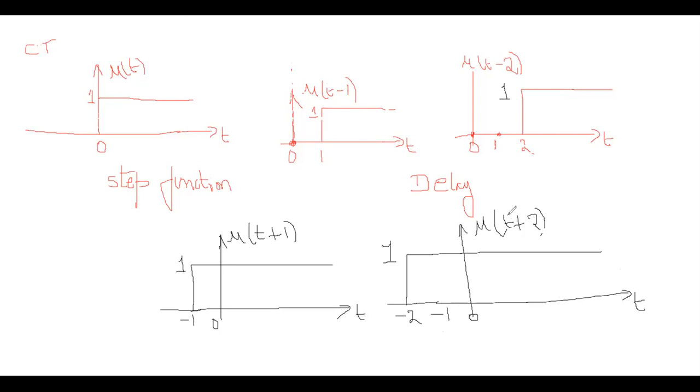So what is the expression you get here? Mu of t plus 1 is equal to 0 for t less than minus 1, and 1 for t greater than or equal to minus 1. This is the expression for this.